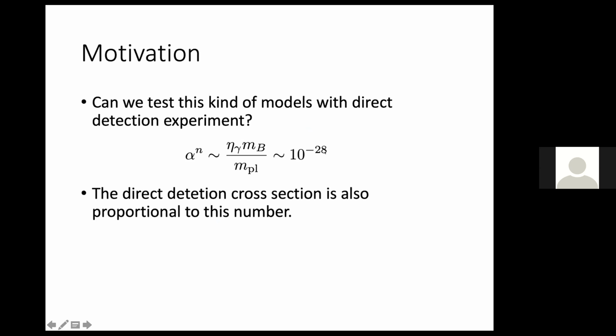And with future, even larger experiments like XENON n-ton, or maybe the future Darwin experiment, we can explore even more of the parameter space in this Friesian scenario. So that is the main theme of this work.